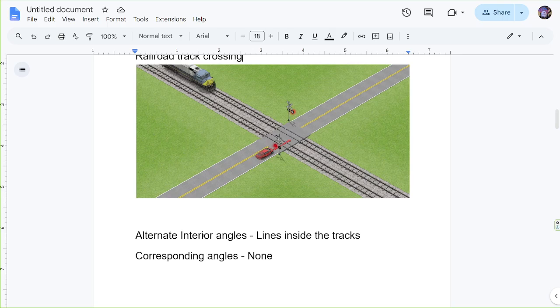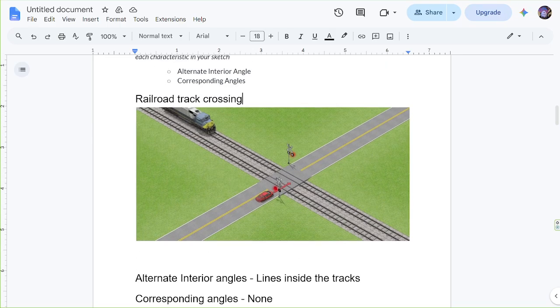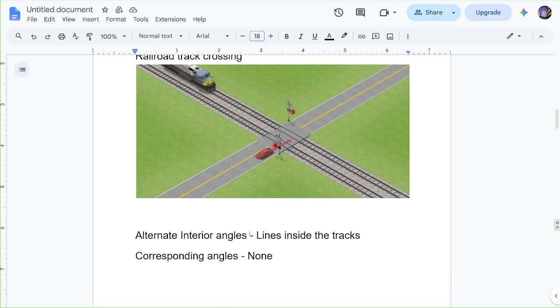So there's alternate interior angles. It's hard to see on this, but between these rails, they're right here in the middle, and there's technically no corresponding angles on this specific image.